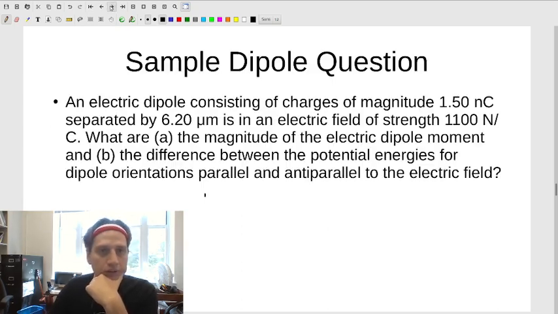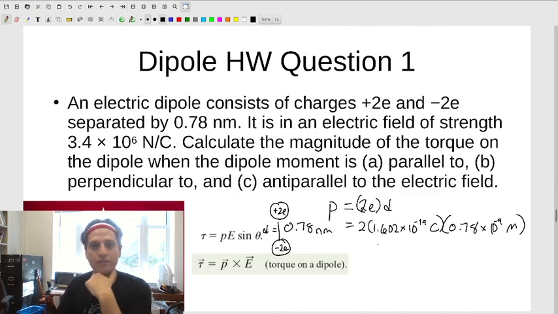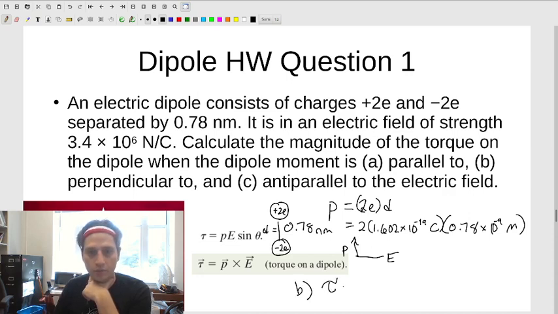On the other hand, when you're perpendicular, so P and E are perpendicular, that's the case where the sine of 90 degrees is going to be 1. So for part B, the torque would be P times E.